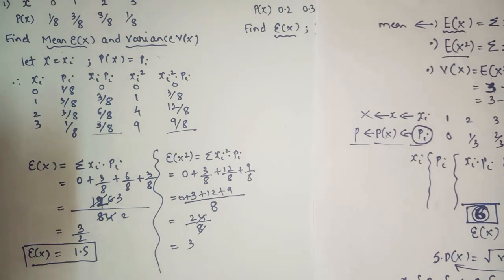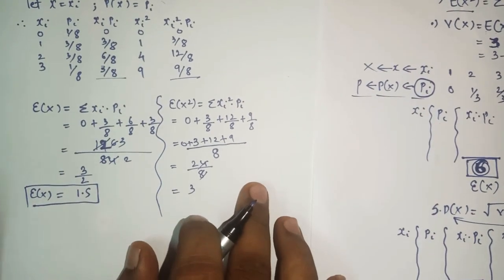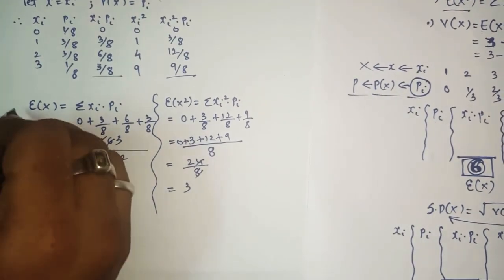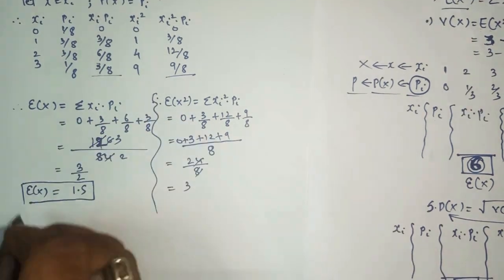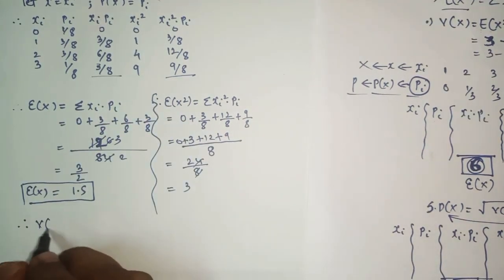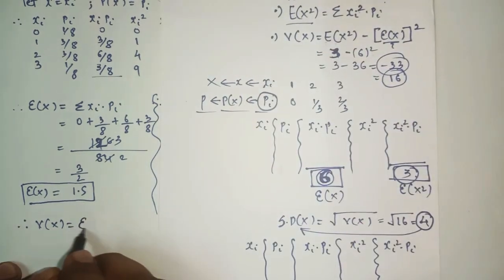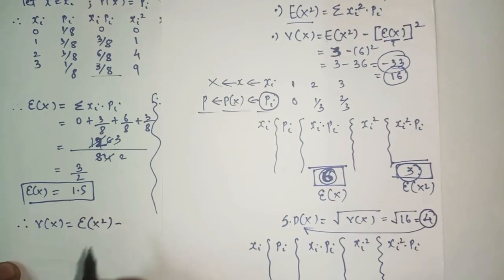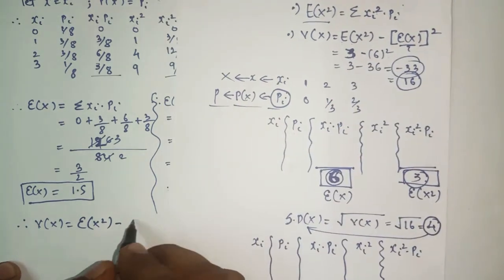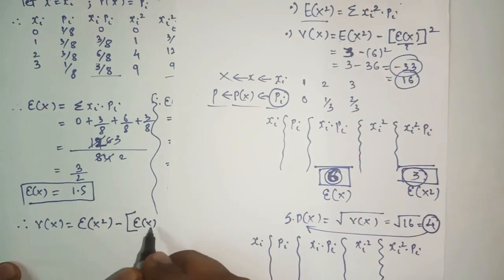Understood? Now the final step is to find the variance. To find the variance, what is the formula? First you will write E of x square, then minus E of x the whole square.